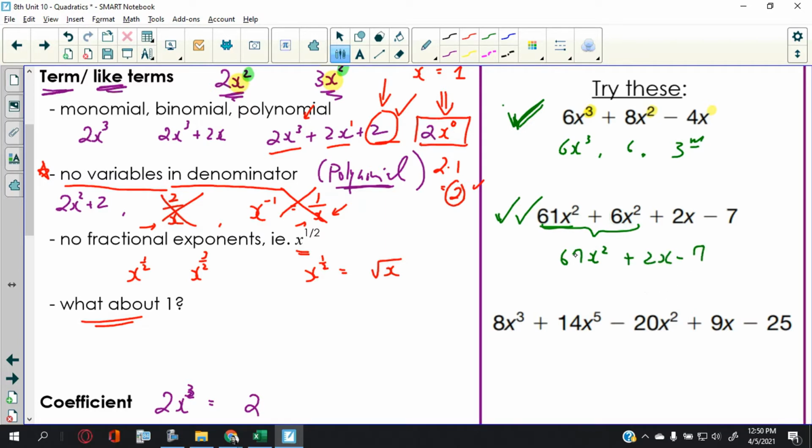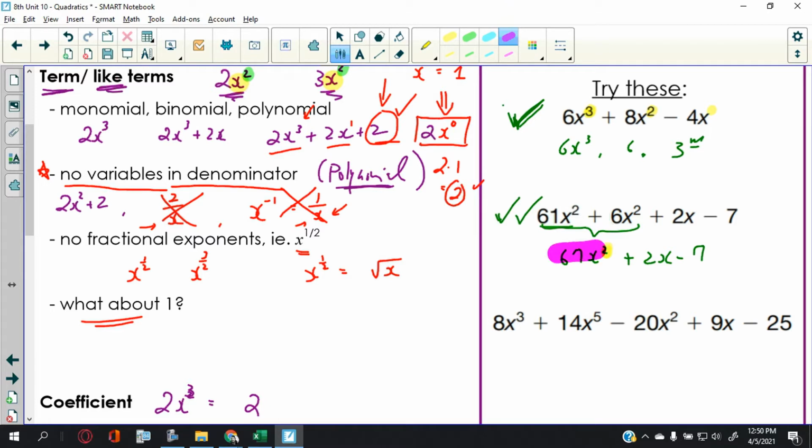Now, since I combined like terms, how many terms are there? Three terms. Is that a monomial, binomial, or trinomial? Yep, trinomial. What's the degree? Second degree. What's the leading term?